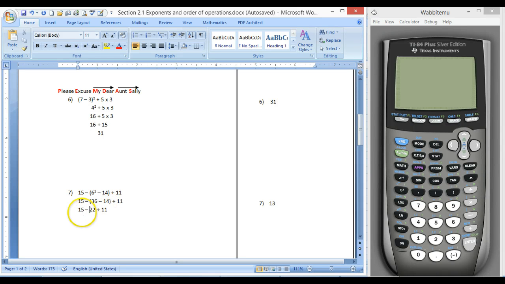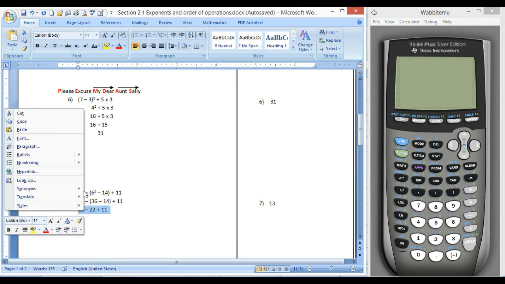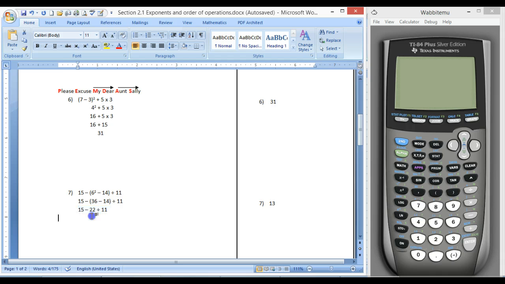So let's see. Yeah, everything looks good. Let's move to the next step. Now I've done all my parentheses, all of my exponents, so now I'm going to do the multiplying and dividing from left to right. So from left, that's a subtraction, so I don't touch it. There we go. Divide first. So I'm going to copy this, or those of you who are doing it by hand, you just rewrite it.